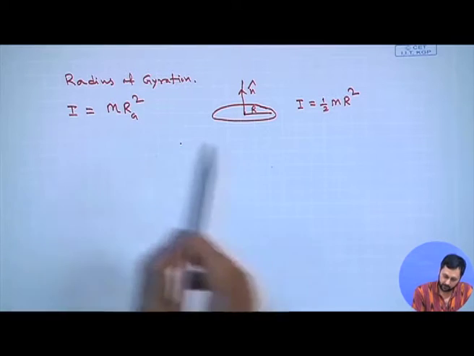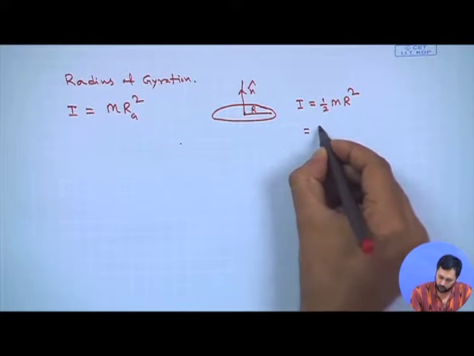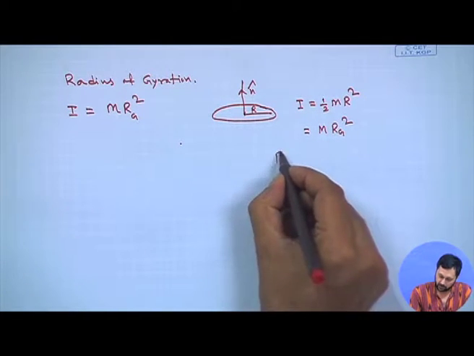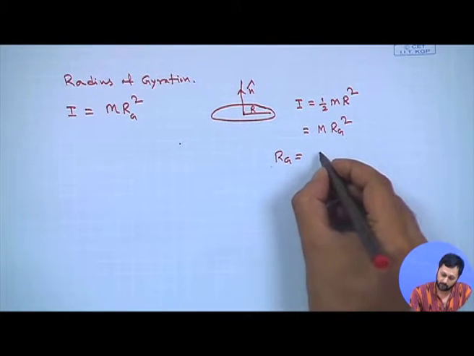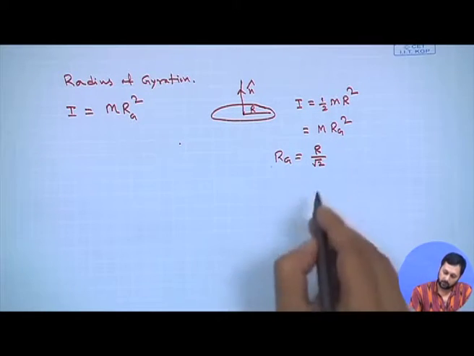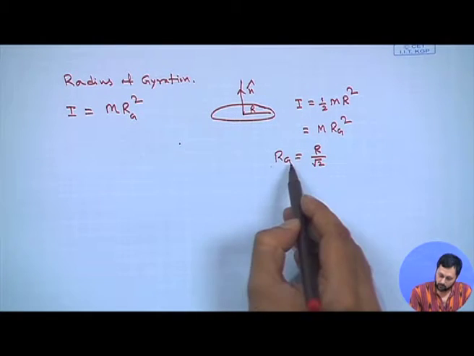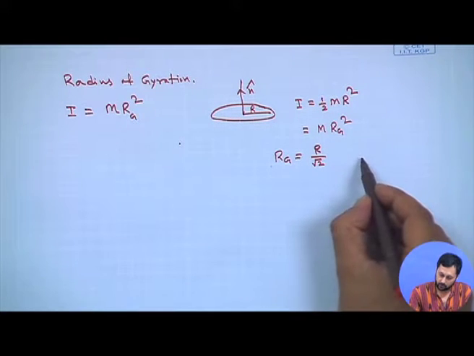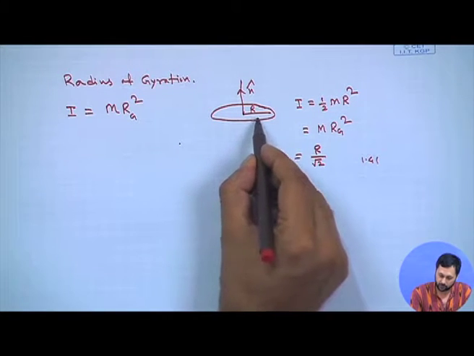So if I compare these two, now if I set this equal to m r g square, then see, m immediately cancels out, and we get r g equal to r by root 2. So this essentially means if we find a length which is given by r by root 2, now root 2 is 1.41, so it will be something which is shorter than r.